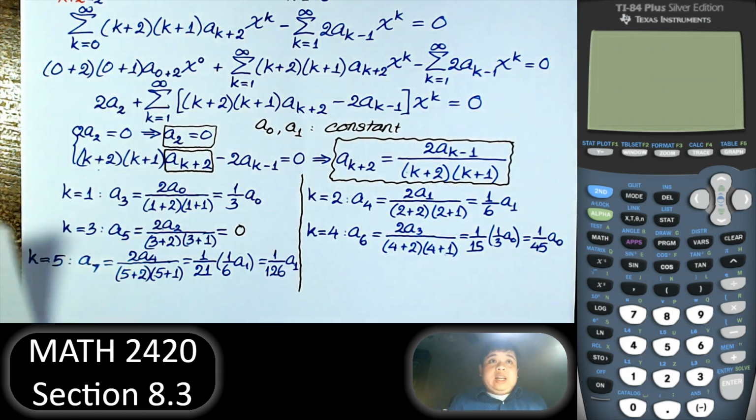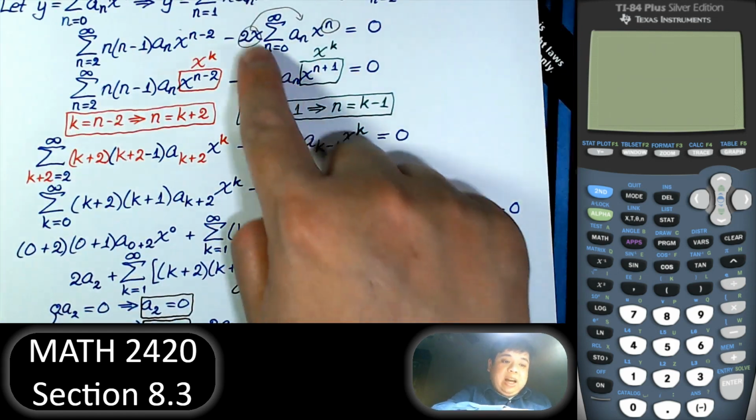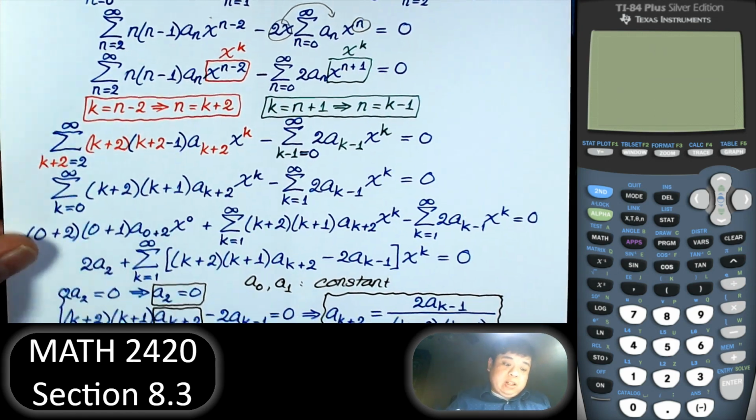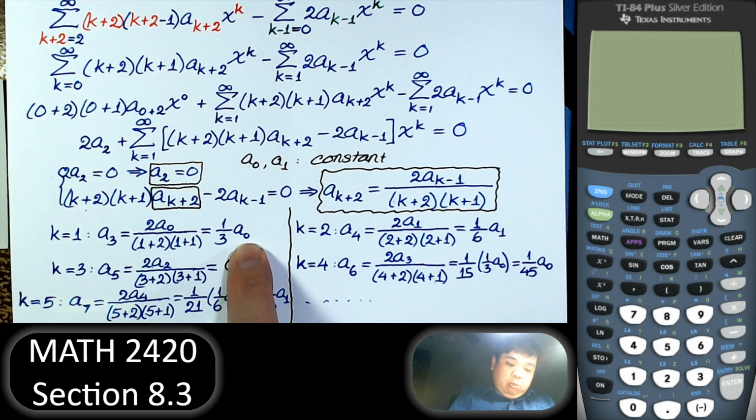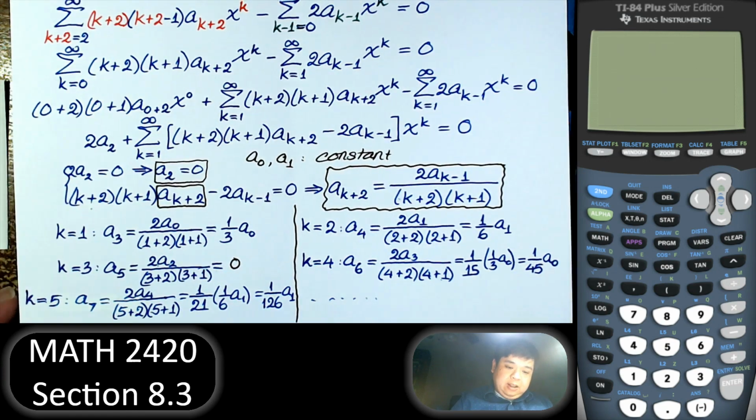Right, of course we can keep going, but we're going to stop here because once again we need the first three non-zero terms for each constant. We have a1, a2, and the constant by itself will be a3. Right.